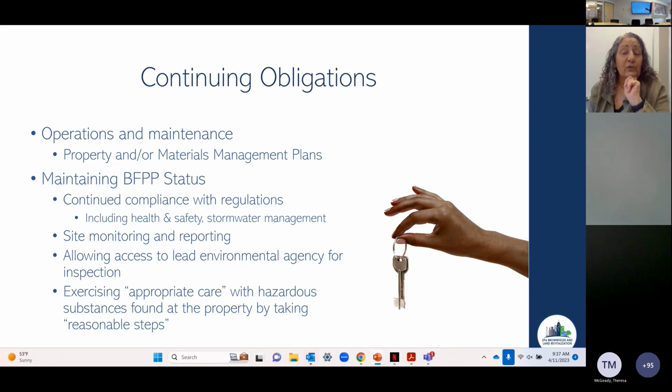These are some of those legal terms that, if you get in a situation where someone is asserting liability because you failed to take appropriate care or failed to take reasonable steps, the lawyers will be arguing ad nauseum for years probably about it. But it is somewhat common sense, but just be aware that there are continuing obligations and requirements for management of the property for you as the buyer or any future buyers to maintain those liability protections.